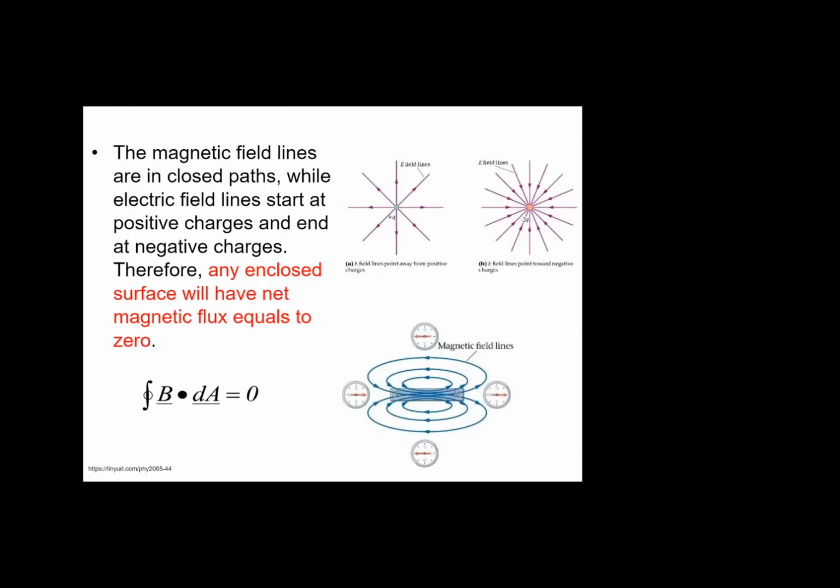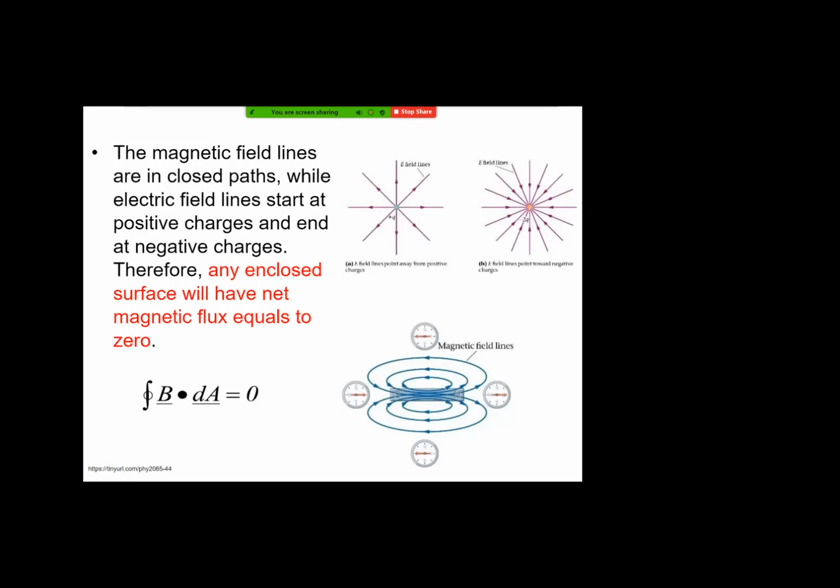For the electric field lines, this is what you get. If you have charge, then you have an electric field that comes out of positive charge and ends at negative charge. However, magnetic field lines are closed lines. So you can imagine if you have a closed surface inside a magnetic field, the same amount of lines that go into the surface will exit out of the surface as well.